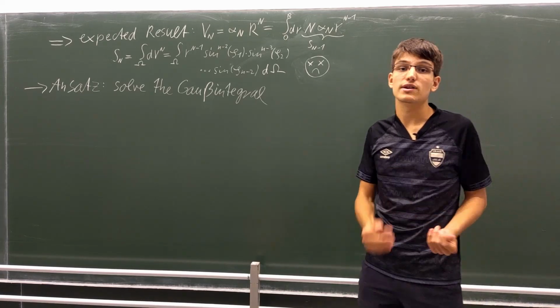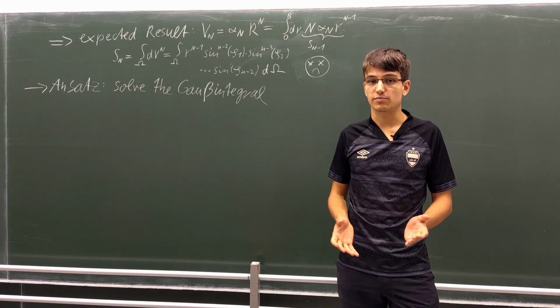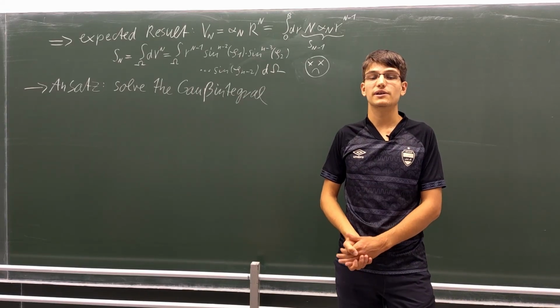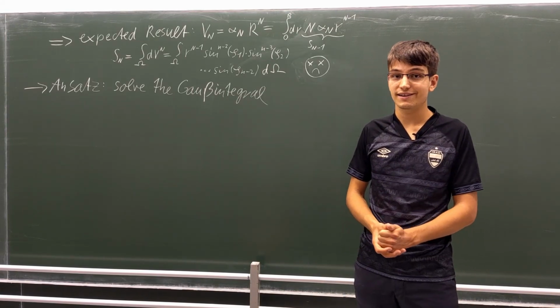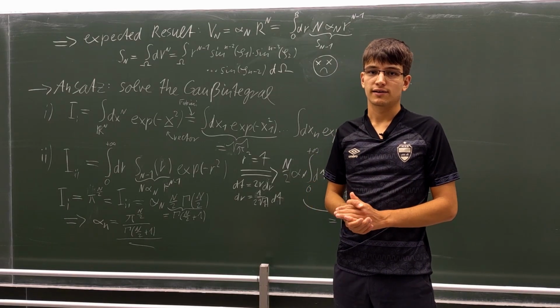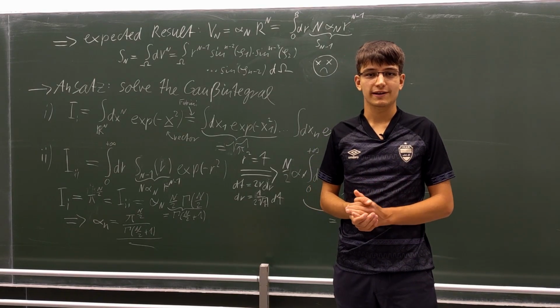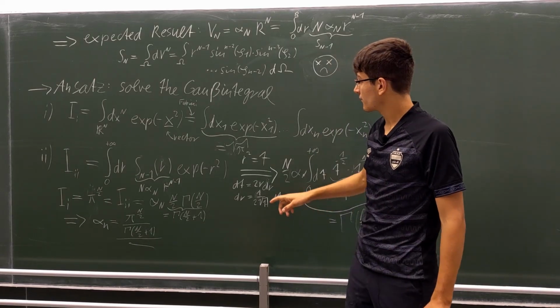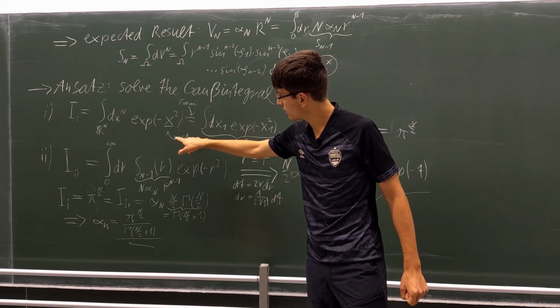We need some kind of trick, and we can use the Gauss integral. We will calculate it 1 time in Cartesian and 1 time in spherical coordinates. The first integral we calculate is the classical Gauss integral in Cartesian coordinates, but this time in n dimensions. So instead of a scalar, we have a vector here.